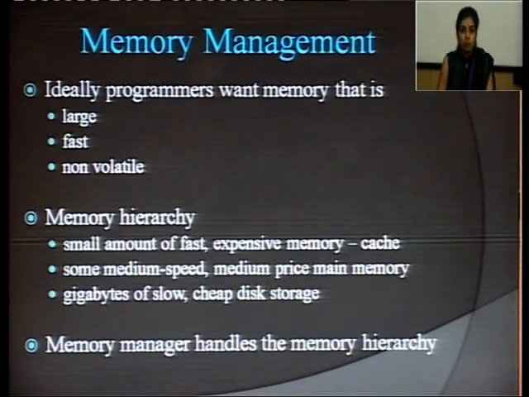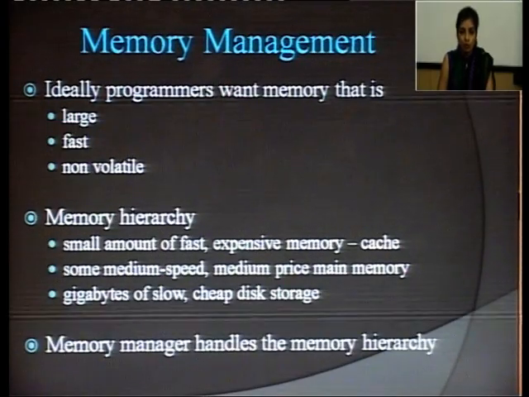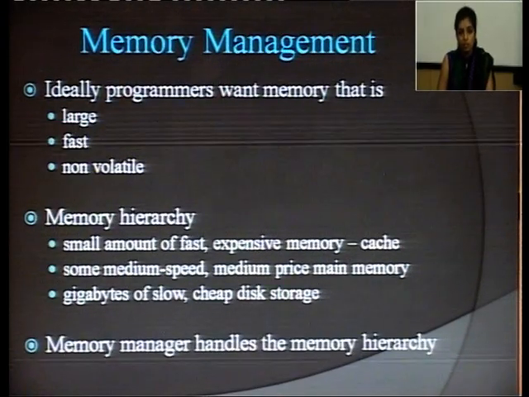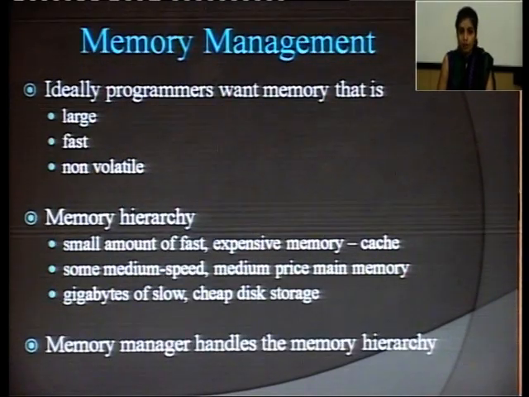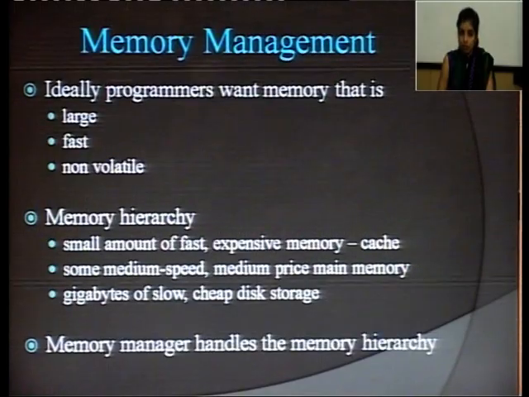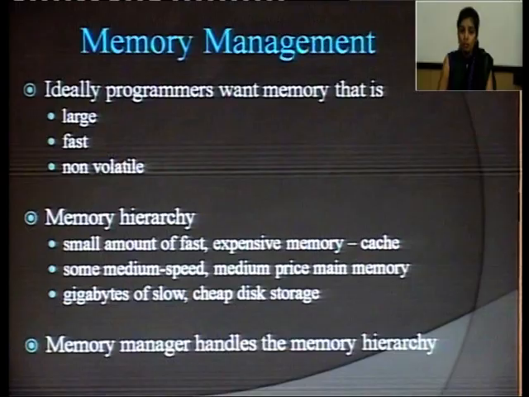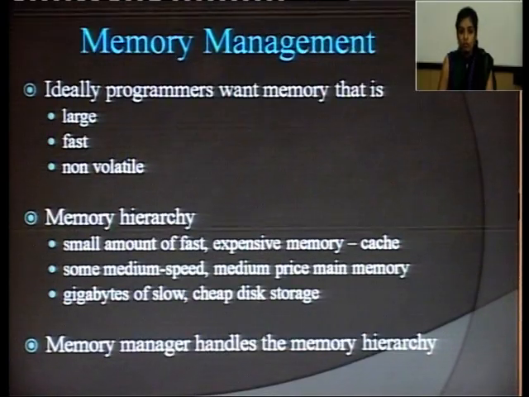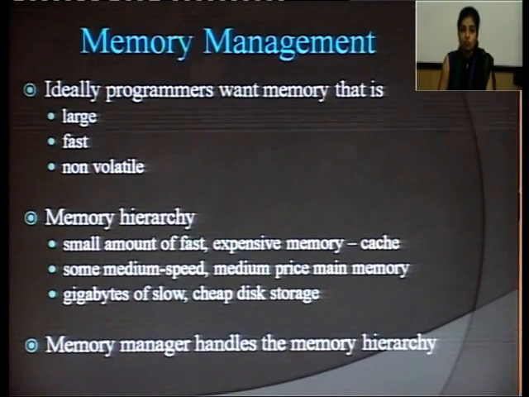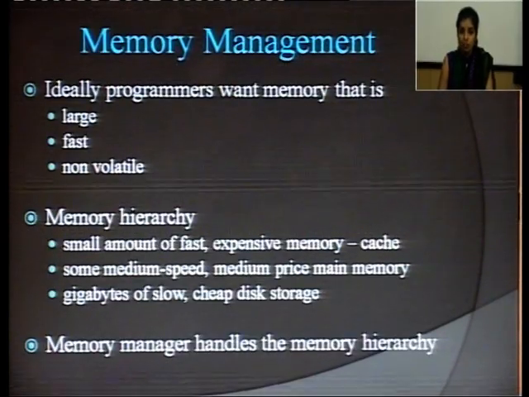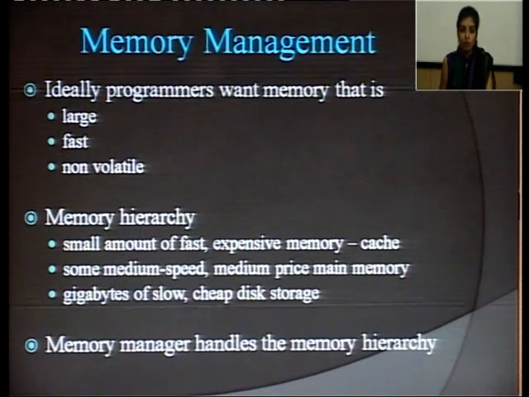Ideally, programmers want memory, that means what type of memory is required by the programmer. They require large memory, fast memory and non-volatile memory. Now we have three types of memory hierarchy according to their expense and speed. We have different categories, like a small amount of fast, expensive memory.